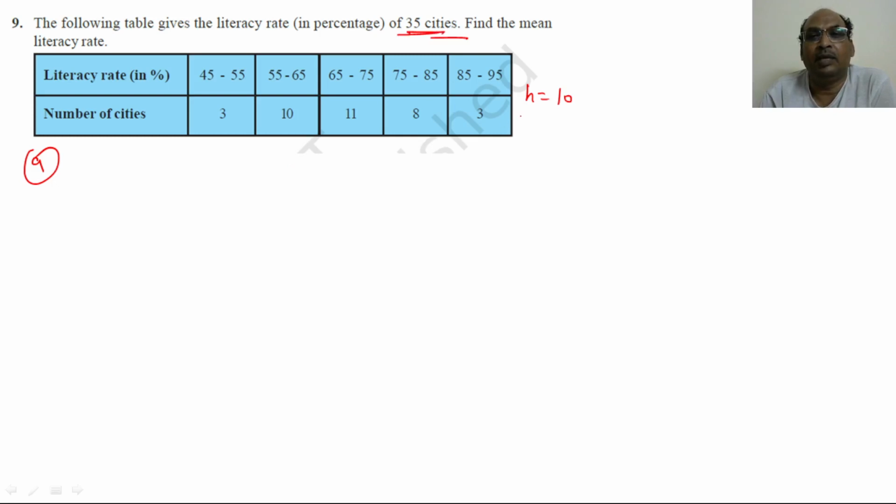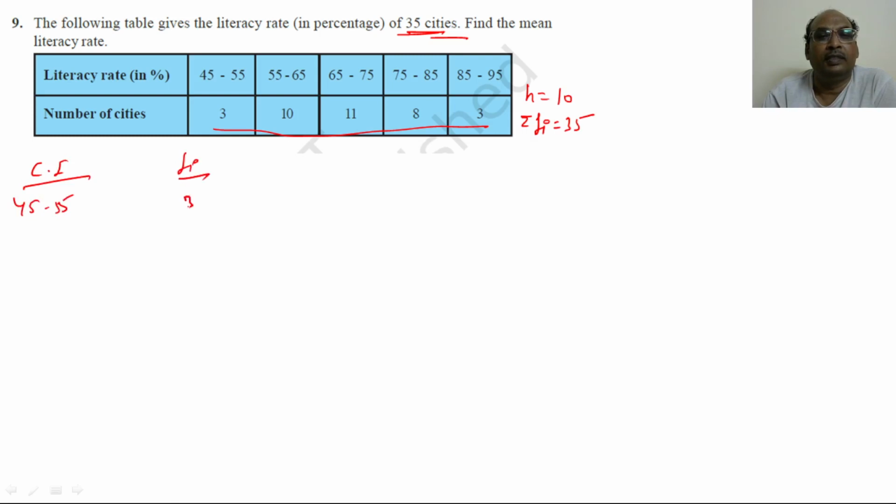It means sigma fi is equal to 35, which we get by adding them together. So now we will do class interval 45 to 55. Fi is 3.